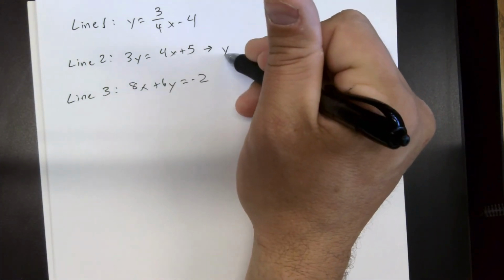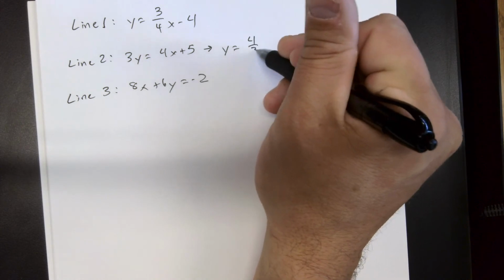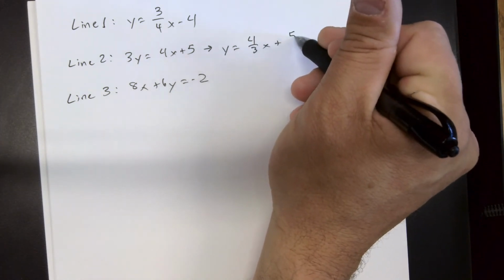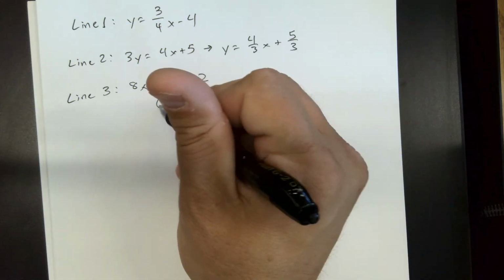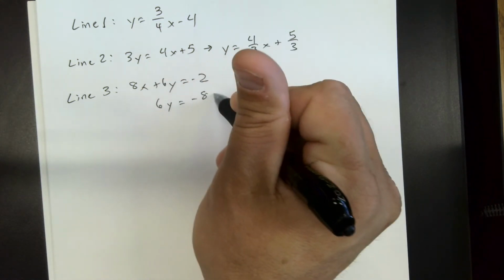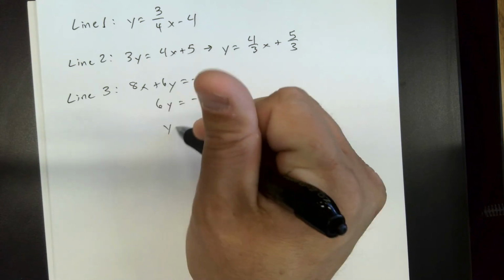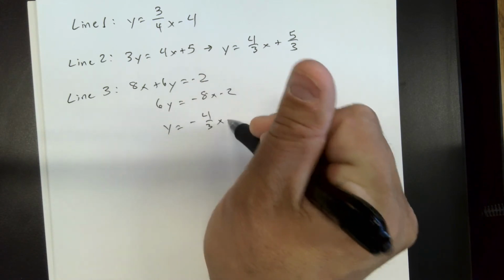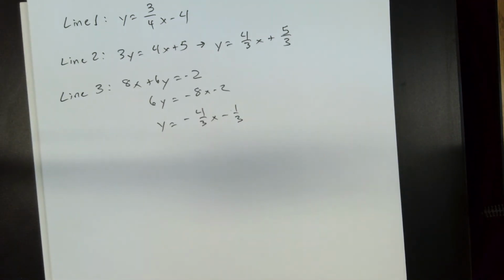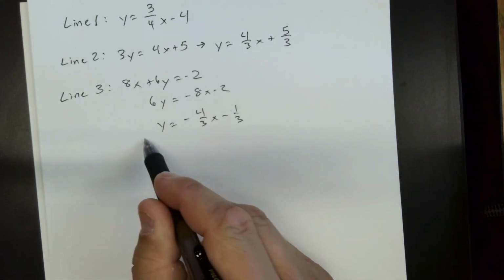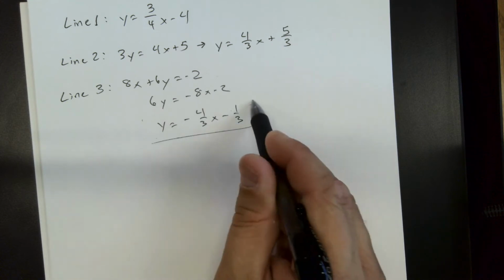So we have y equals 4/3 x plus 5/3. And then on this one, we're going to have 6y equals negative 8x minus 2, or y equals negative 4/3 x minus 1/3. So what I would do is first get them converted to slope-intercept form.